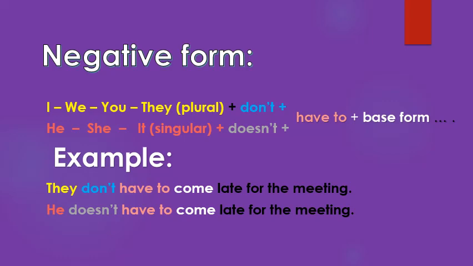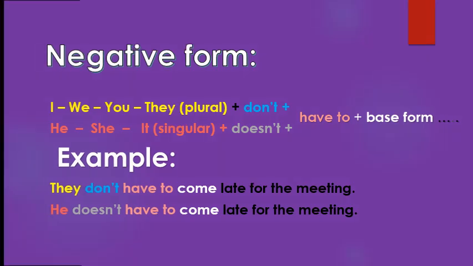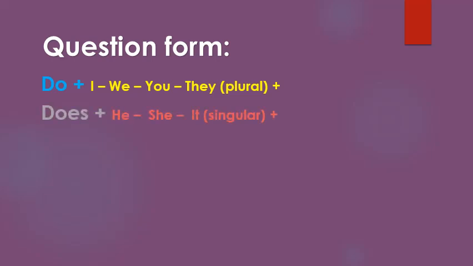Okay guys, now let's move to the question form. حالة السؤال. So here we add do at the beginning. إذا هنا نضيف do في البداية plus the pronoun زائد الجمع and does for singular. إذا نضيف does في البداية للمفرد plus have to.